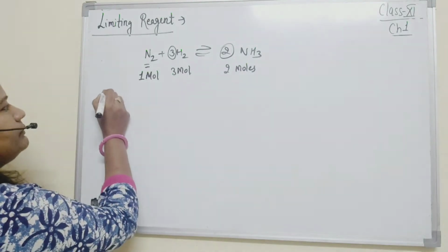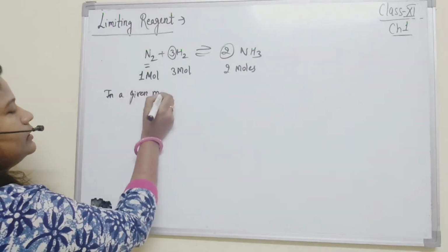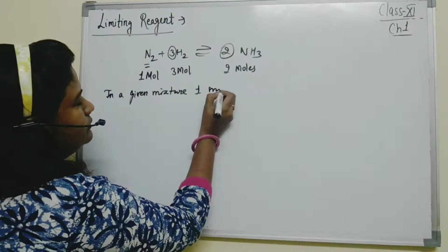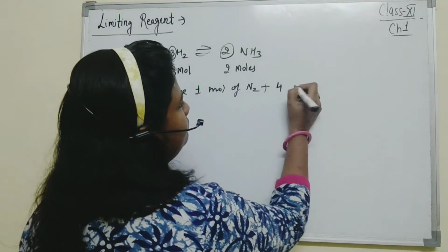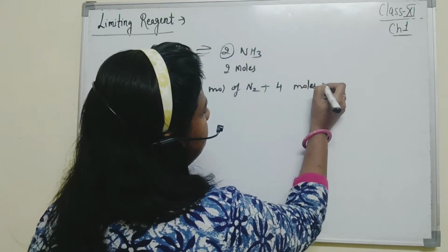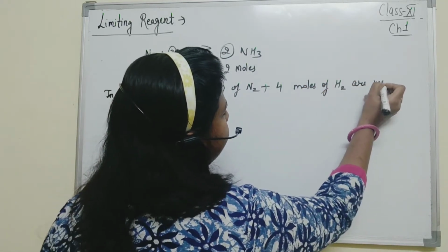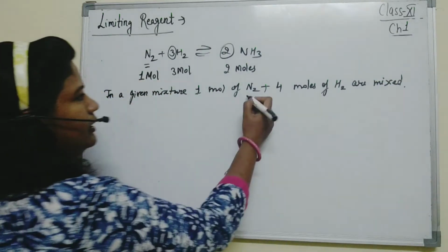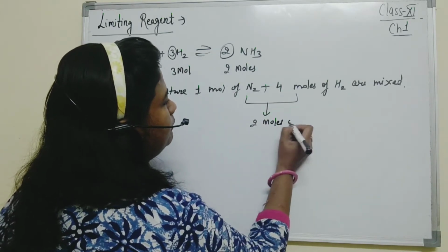if in a given mixture, 1 mole of nitrogen and 4 moles of hydrogen are mixed, they will react with each other and form 2 moles of ammonia.